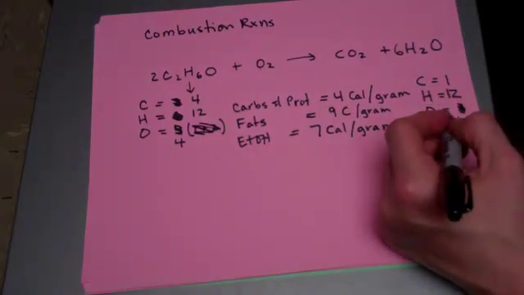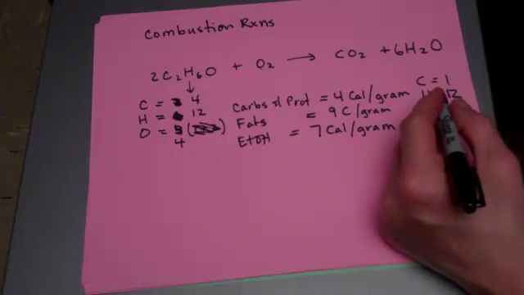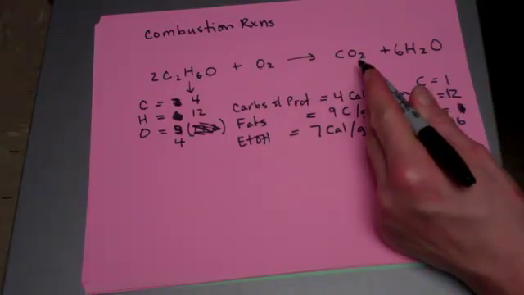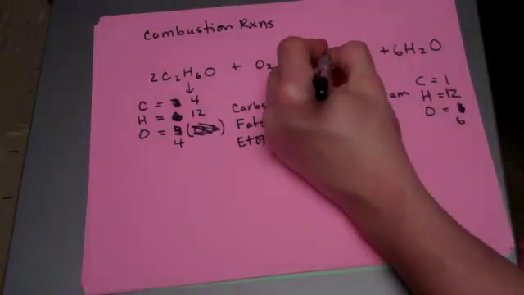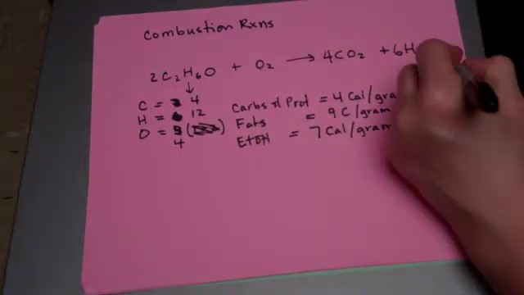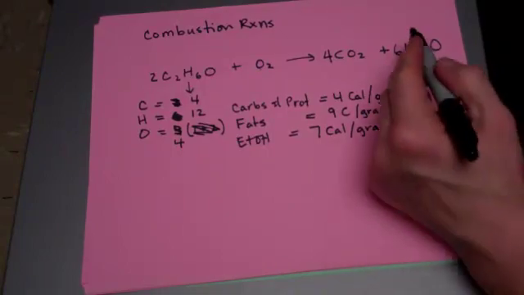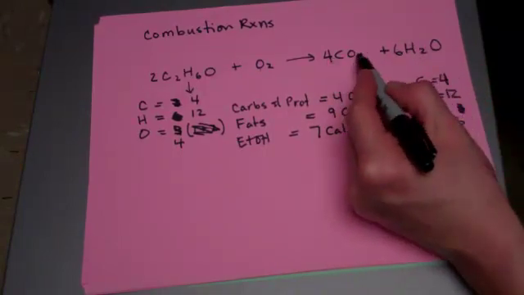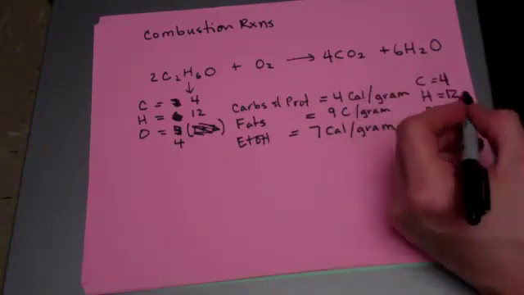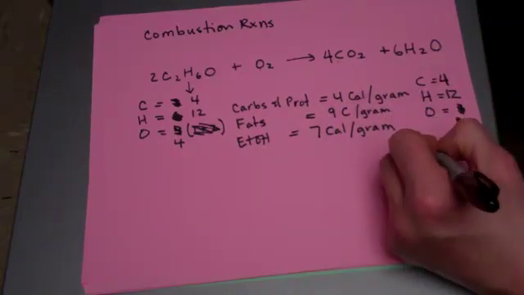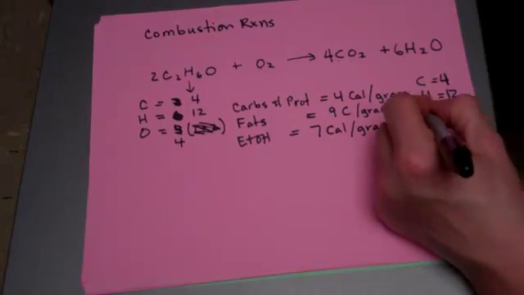And let's see, how many carbons do we have? We have only 1 on this side and 4 on that side. So if we change this to 4, that changes our carbon to 4. And now it's going to change our oxygen again too, because we've got 8 plus 6. So that's going to be an oxygen total of 14.